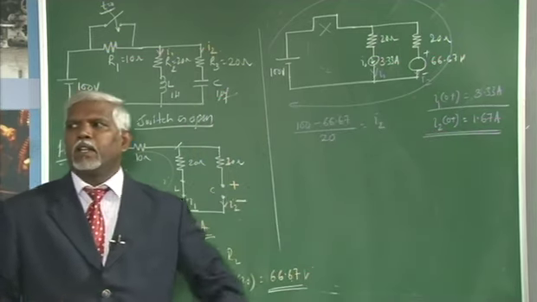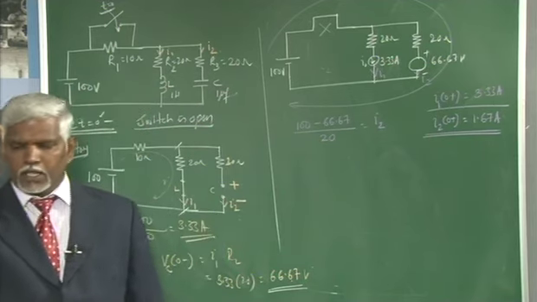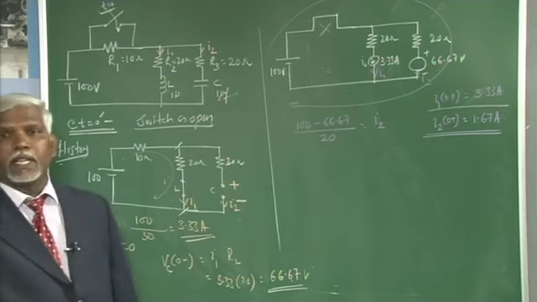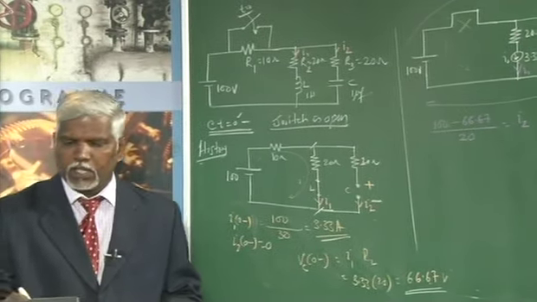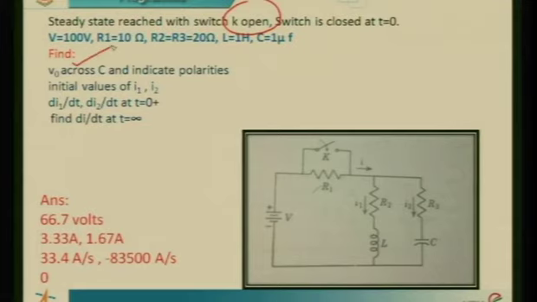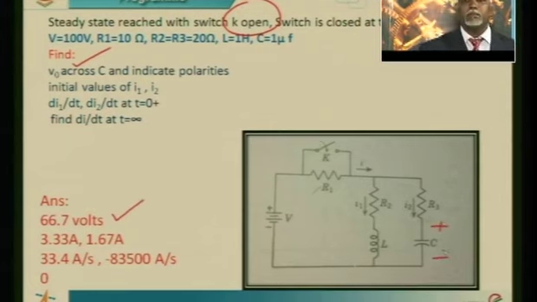So, we have found I1 and I2 at 0 plus after the switching, and we have to evaluate dI1 by dt and d squared I1 by dt squared. We have seen the voltage across the capacitor is 66.7 volts. The polarities are plus and minus across this.